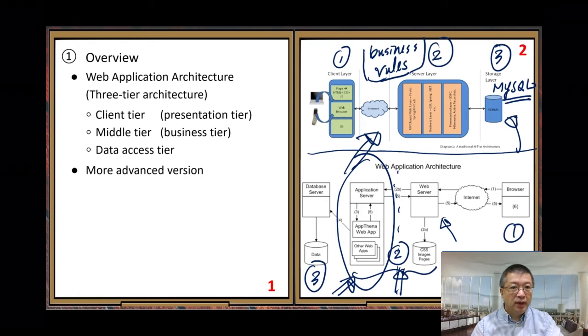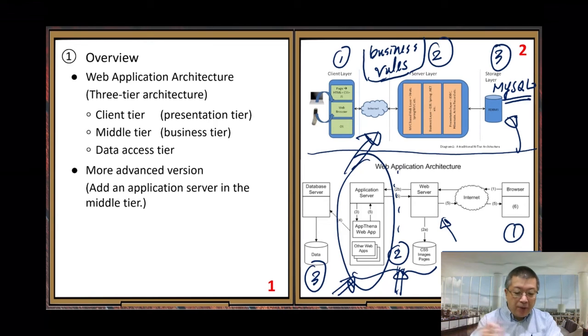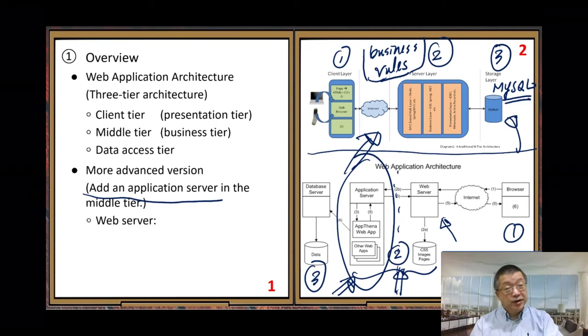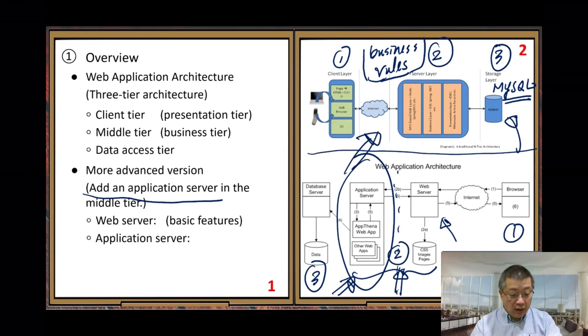Here we call it application server. For the complex part, we use an application server. I mentioned application server in the previous video. So here you can see there are two types of servers. For basic features, we just use a web server. Application server, advanced features.